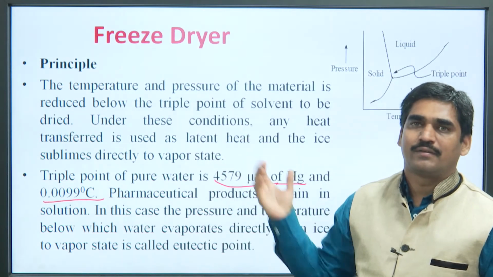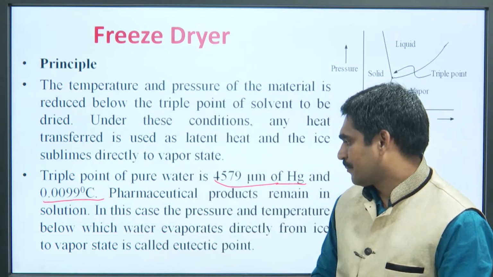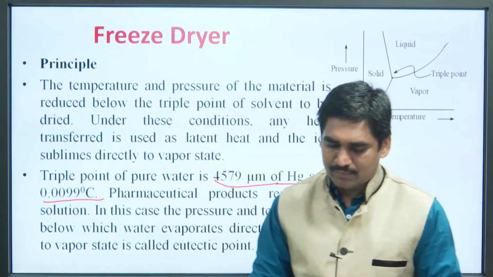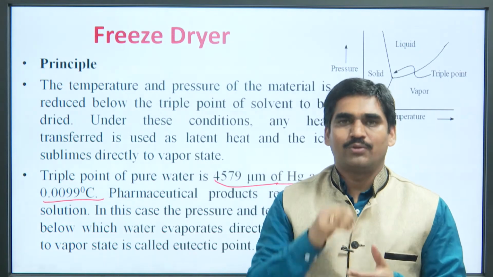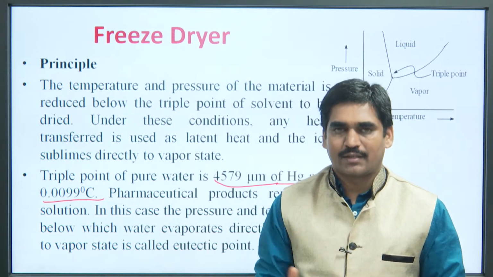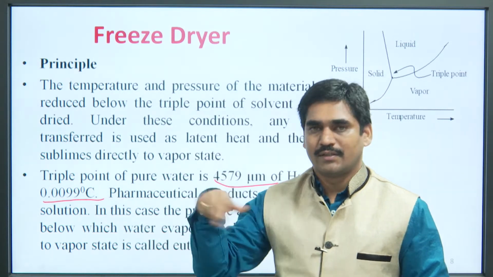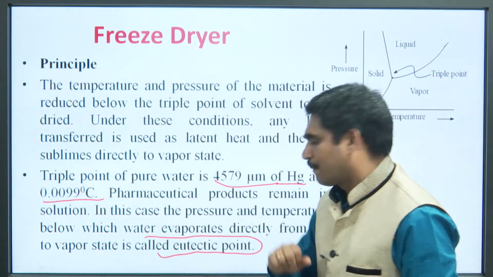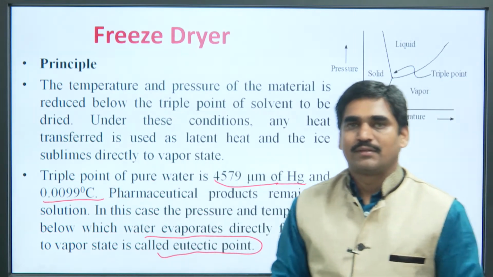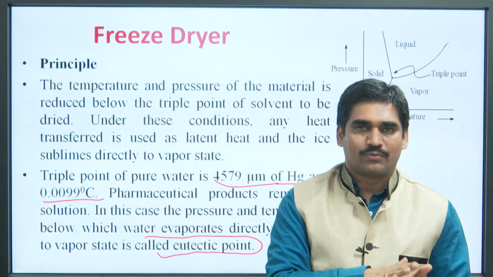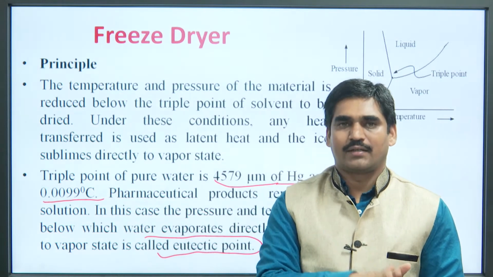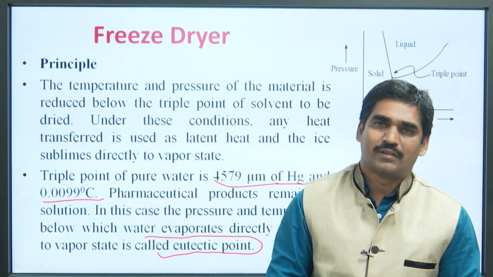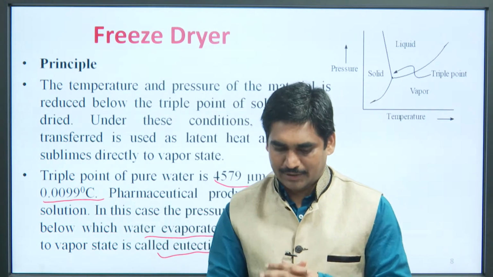The pressure and temperature below which water evaporates directly from ice to vapor state is called the eutectic point.